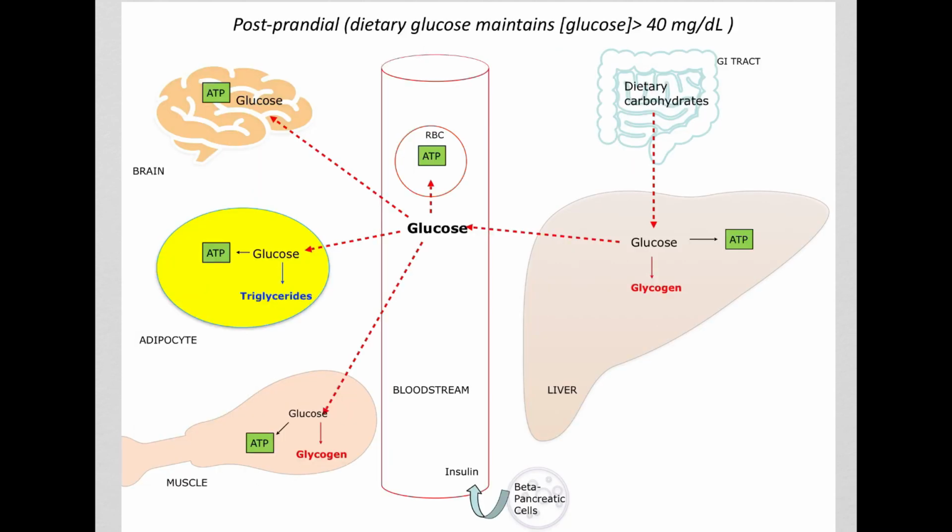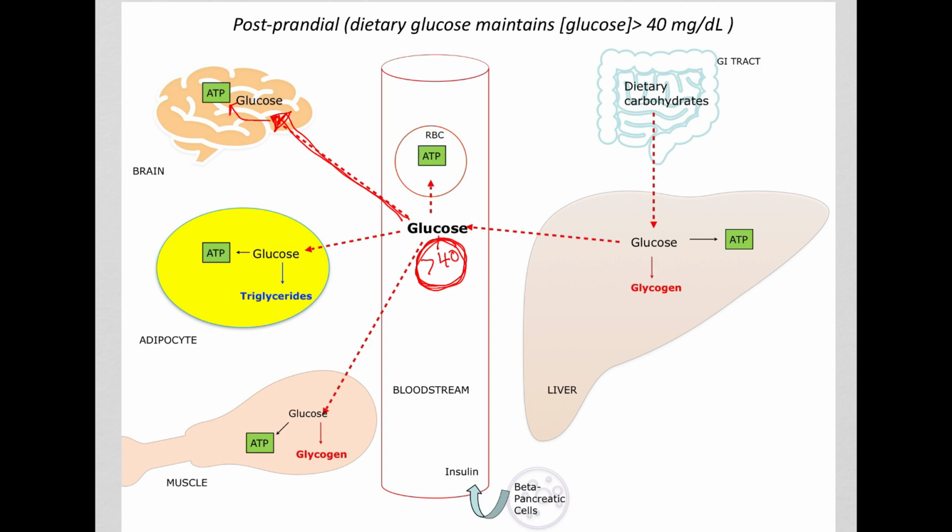After a meal, the answer is simple. Your blood glucose is maintained greater than 40. Why do we choose this 40? Because this is the critical amount of glucose that is needed in your bloodstream so that the brain can extract this glucose fast enough to provide it with enough energy for its survival.